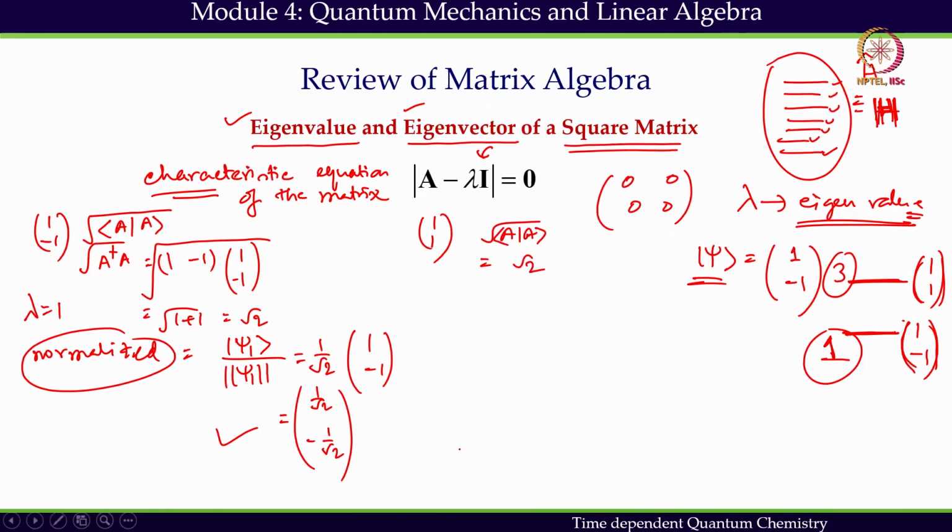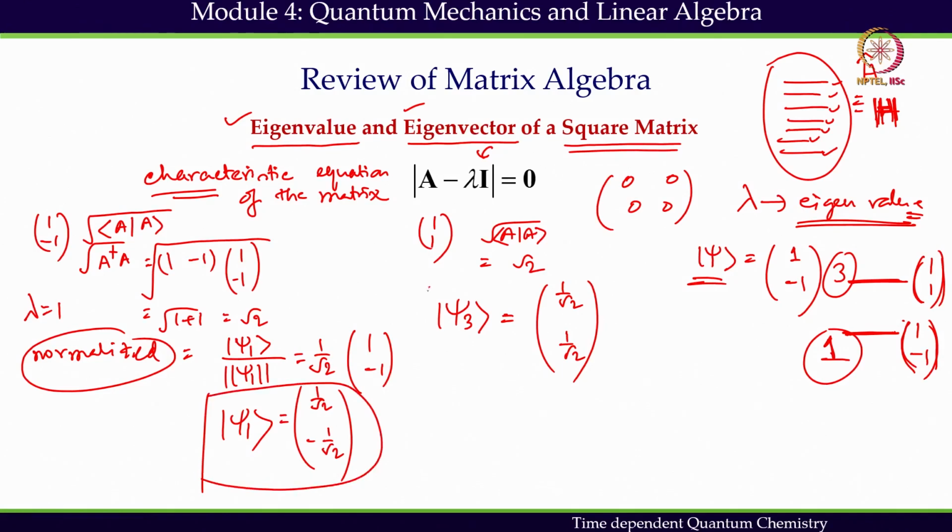That is why the normalized function psi 3 is represented by 1 by square root of 2, 1 by square root of 2. So, this is the representation of psi 1 and psi 3. Psi 3 has eigenvalue lambda equals 3 and psi 1 has lambda equals 1.